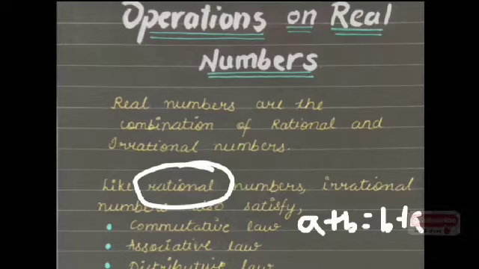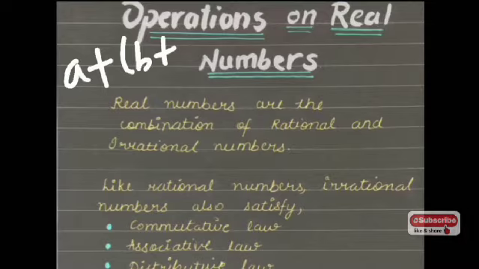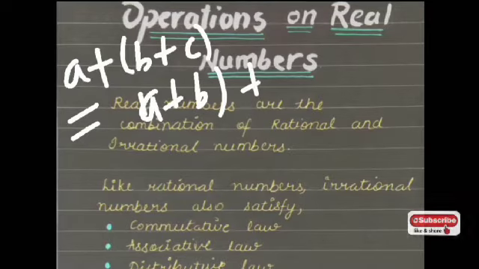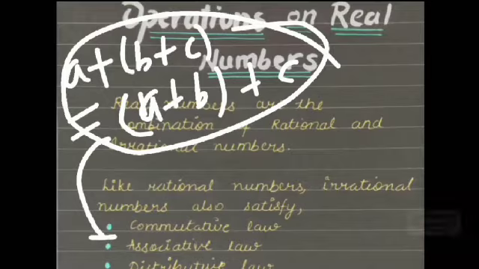Similarly, associative law says that the addition of a with the addition of b plus c must be equal to the addition of a plus b with c. That is called associative law.